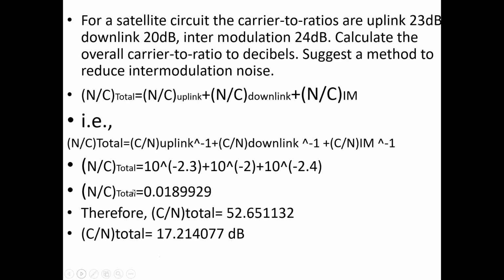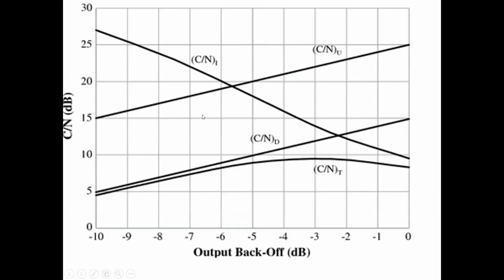So I just showed you this plot to tell you the impact of backoff on the signal to noise ratio of uplink, downlink, and intermodulation. The higher your backoff value, the higher your signal to noise ratio of intermodulation, which reduces with the reduction in the backoff.